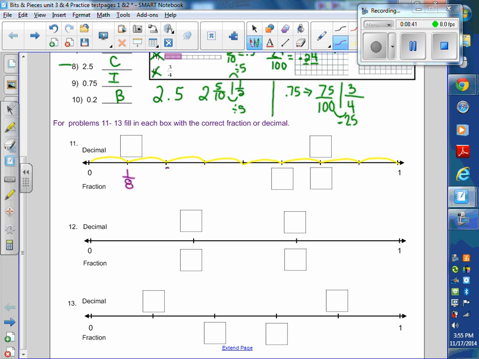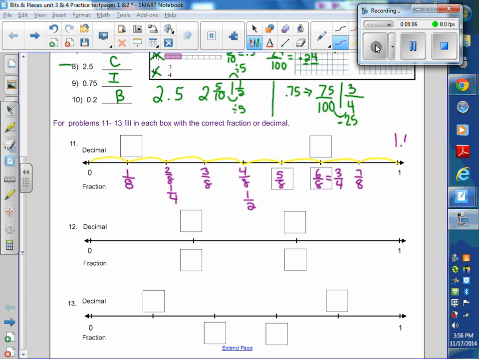So this is 2/8, which is the same as a 1/4. This is 3/8. This is 4/8, which is the same as a 1/2. This is 5/8. This is 6/8, which reduces to 3/4. 7/8.